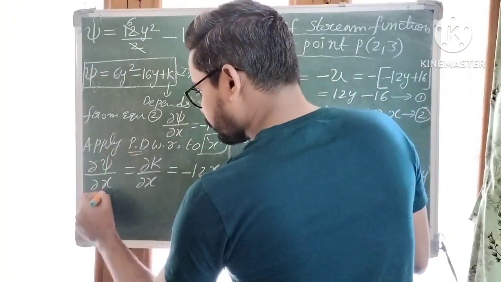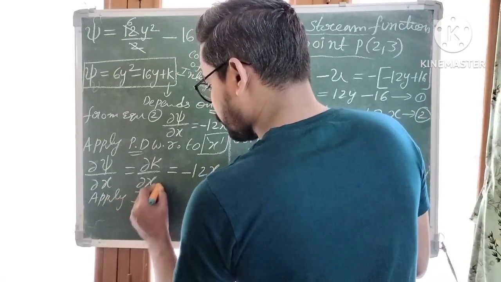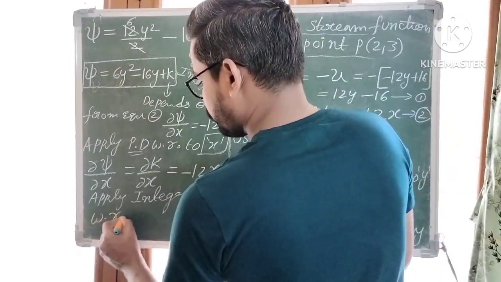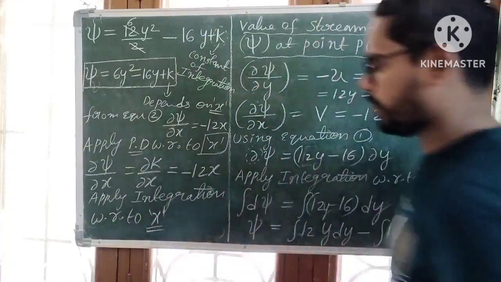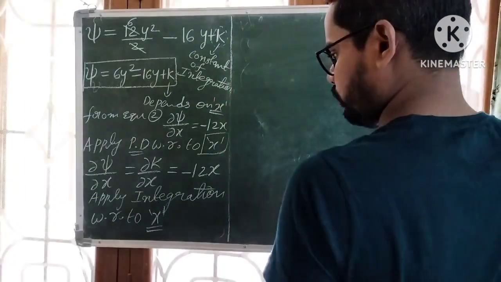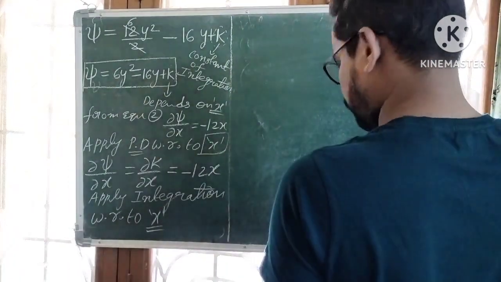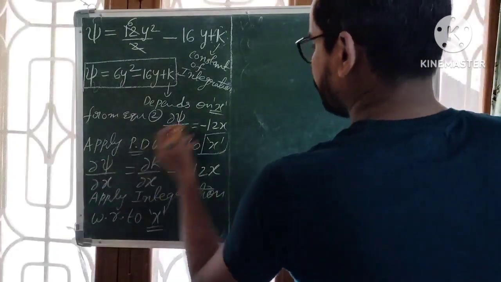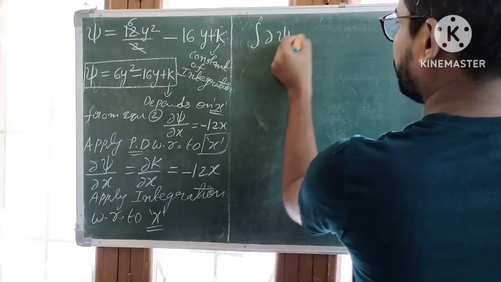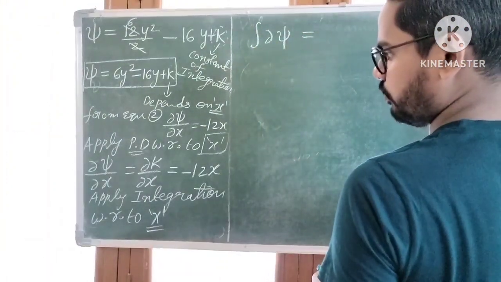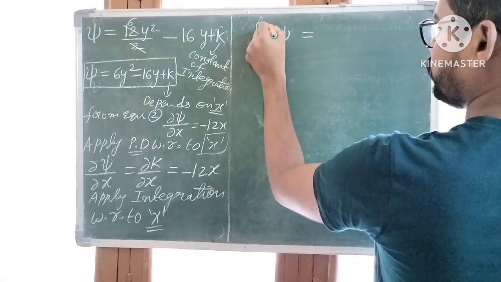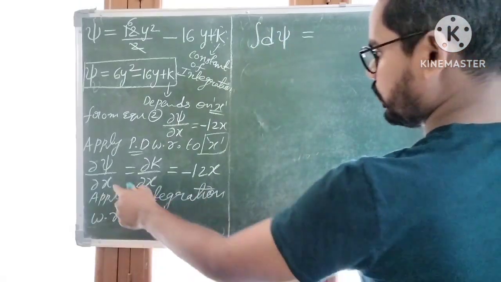Now again apply integration with respect to x. Integral dou psi is equal to, we are doing it with respect to x. When we apply integration, the partial differentiation becomes ordinary differentiation.